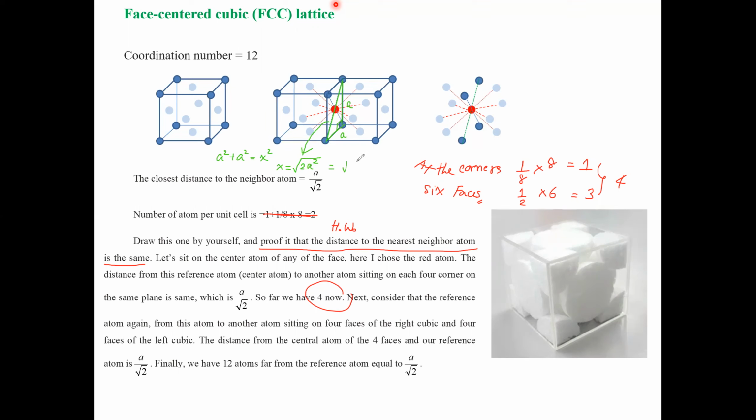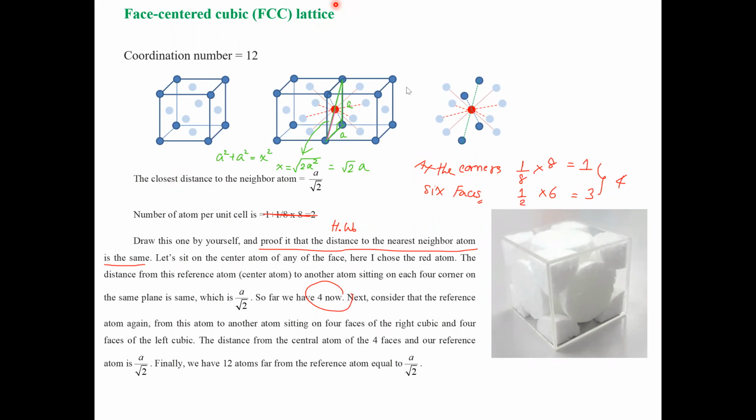It's gonna be square root of 2A. But since we want only half, so this is half, right?